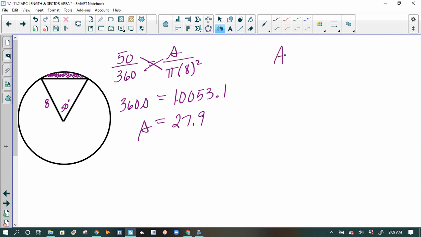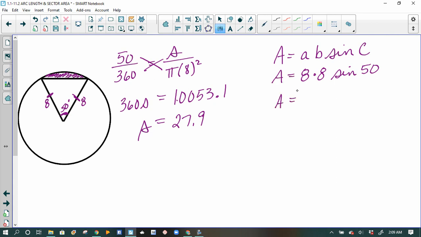So the area is A, B, sine C. So C is your central angle. A and B are these two sides here, which are both 8. So you're going to go 8 times 8 sine 50. And that will get you the area of the triangle.